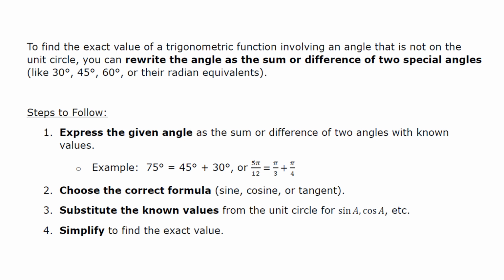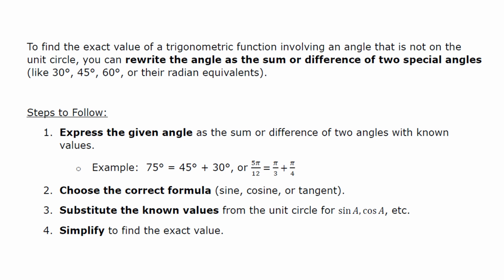And that would be 45 and 30. Okay, so 45 degrees plus 30 degrees. I can also do their radian equivalent. So 5 pi over 12 will equal pi over 3 plus pi over 4, which are two radian measurements that I can find on the unit circle.